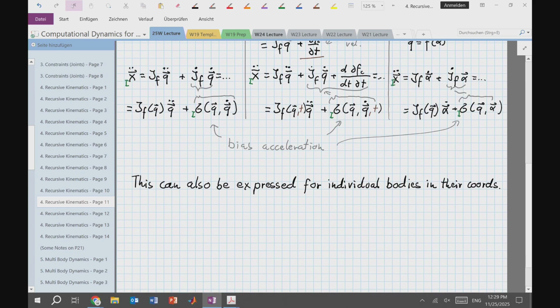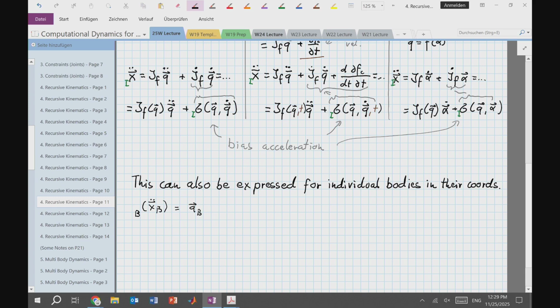Now, here, I very carefully expressed everything in inertial coordinates to avoid any influence of moving coordinate systems. But we could do the same thing, of course, in body fixed coordinates. So if I would like to have the acceleration of a point B in body fixed coordinates, and note how I very carefully wrote this with parentheses, as a physical derivative.